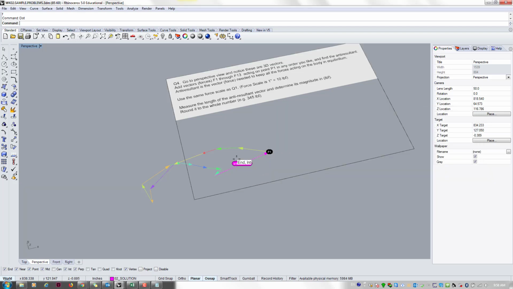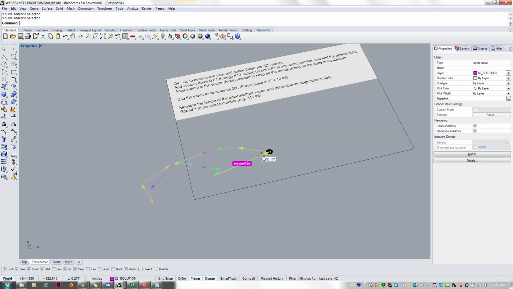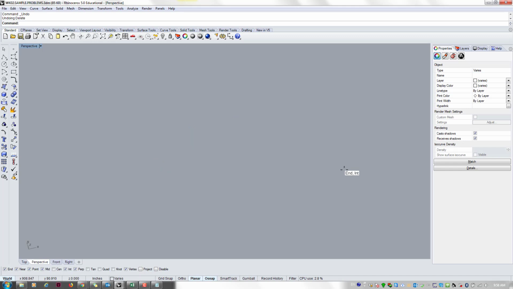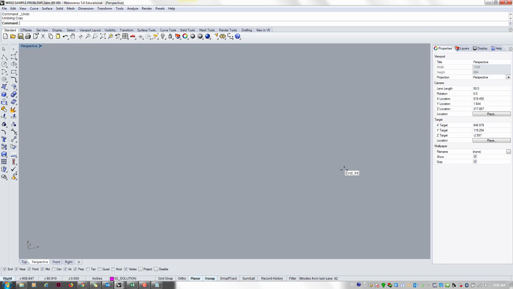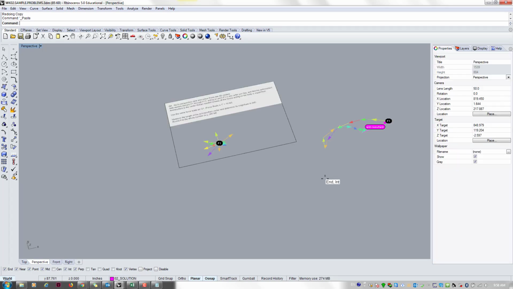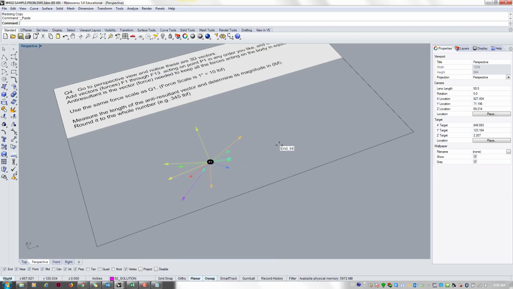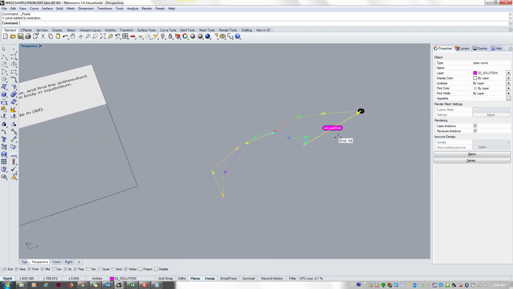Because that's the anti-resultant, it's making the addition of everything 0. So that's the addition. Alright, that was all the forces acting on P1, and this was the anti-resultant.